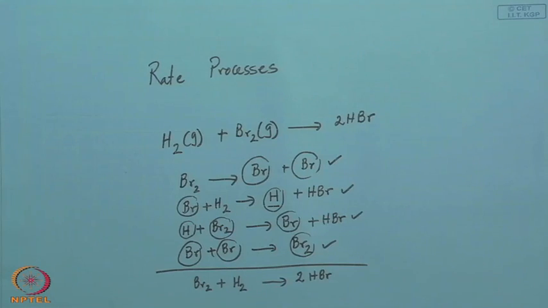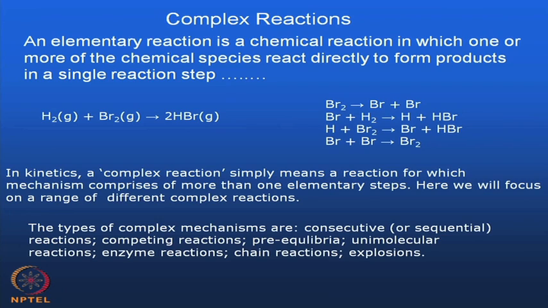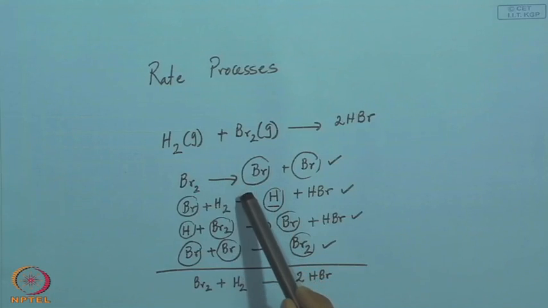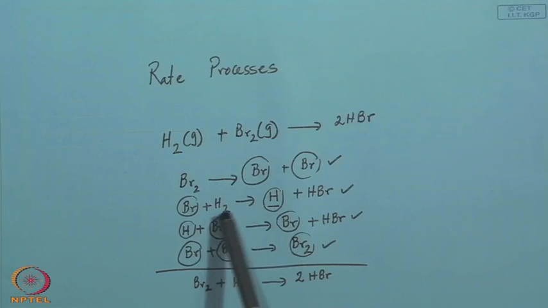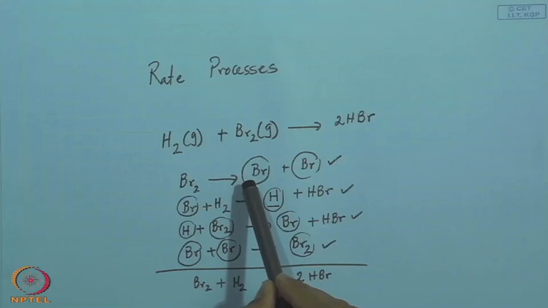So, in kinetics, a complex reaction simply means a reaction for which the mechanism comprises more than one elementary step. That means, if it is a complex reaction, at least two elementary reaction steps will be there.